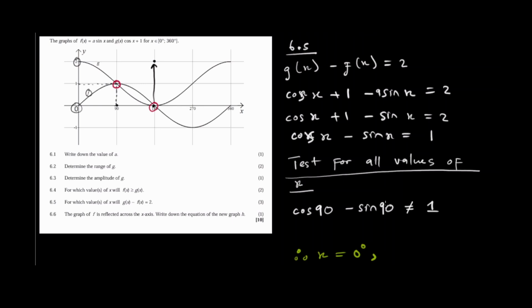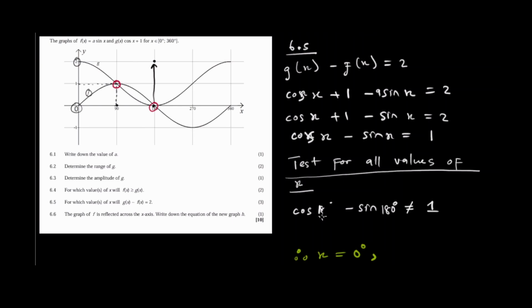I'm just doing it here so that you can see what's happening, but of course your trial and error should be done properly on everything. We have tested for 90, we now want to use 180. So cos 180 minus sin 180. It's minus 1 also. So 180 is not going to be an answer.